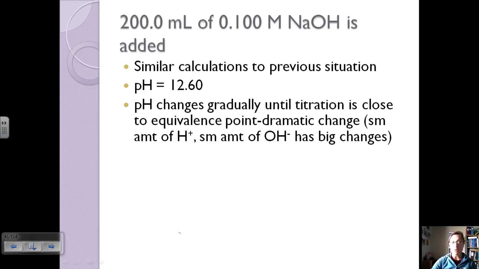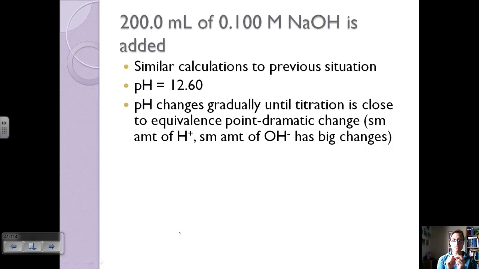So what hopefully you noticed is that the pH changed gradually until the titration got close to that equivalence point with that 50 milliliters, or I guess the 10 millimoles of the H+ and the OH-. And then it went to neutral. And so the reason that you have this small and then big change at the equivalence point is because we have this small amount of H+ and a small amount of OH-.